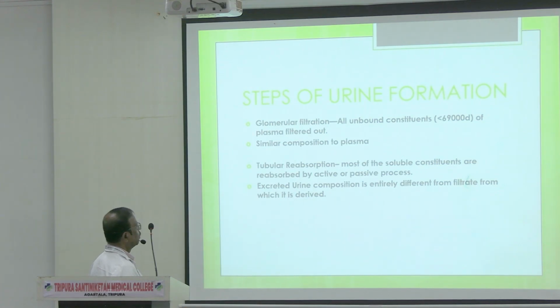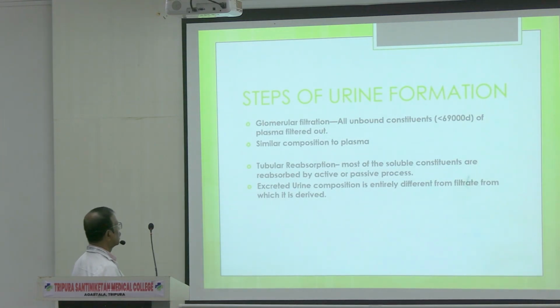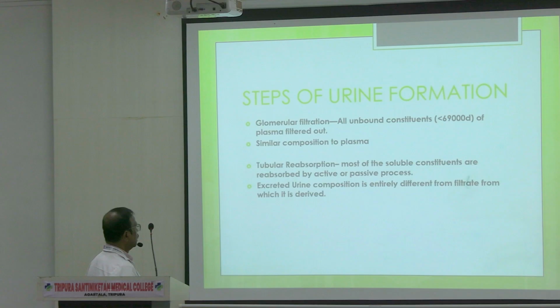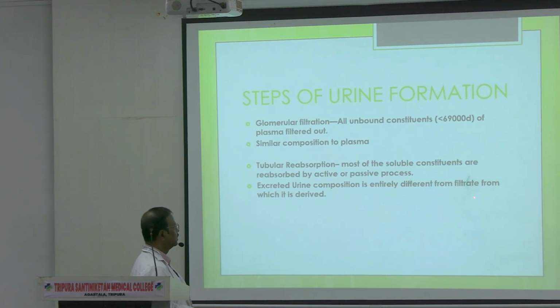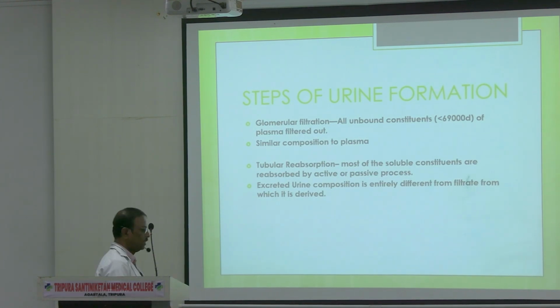Glomerular filtration, all unbound constituents below 69,000 Dalton of plasma filtered out. It has similar composition to plasma. Most of the soluble constituents are reabsorbed by the active or passive processes. Excreted urine composition is entirely different from filtrate from which it is derived.